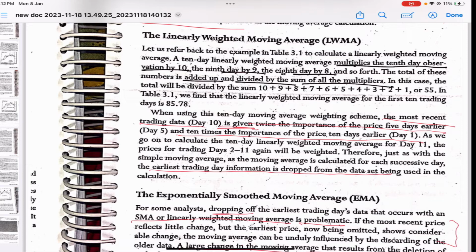Very simple. Every single observation is multiplied by its number and then it's added up, and the sum is divided by the sum of all the multiples. Simple, very basic. So what happens in linearly weighted moving average is that the most recent data is given twice the importance of the day 5. So keep that in mind.